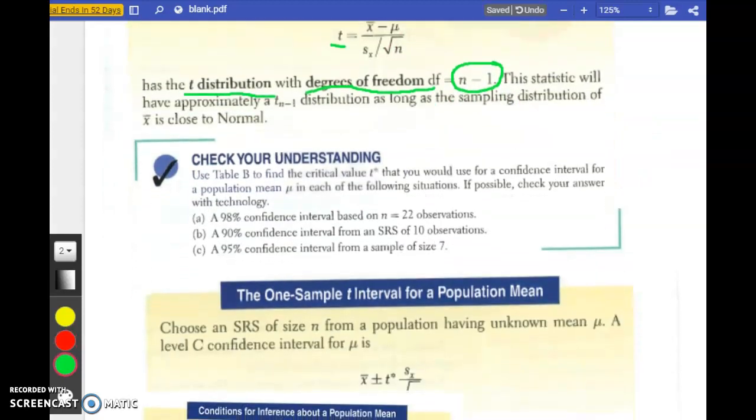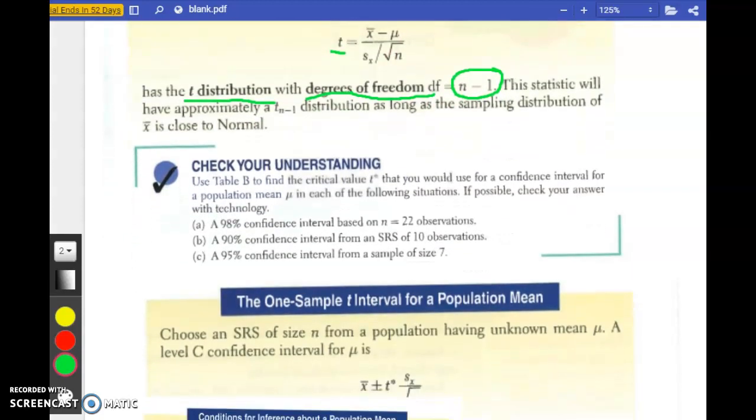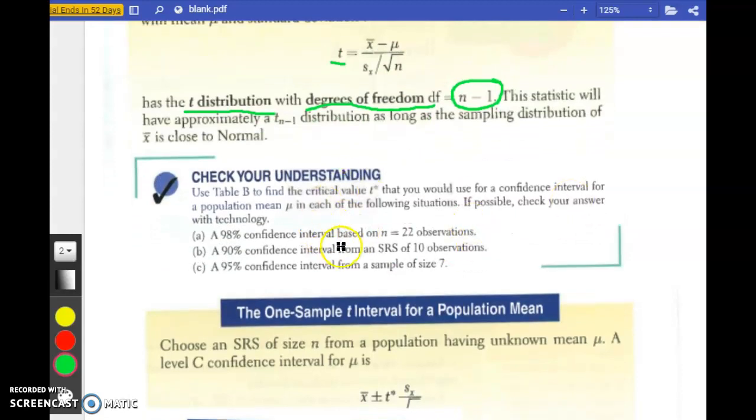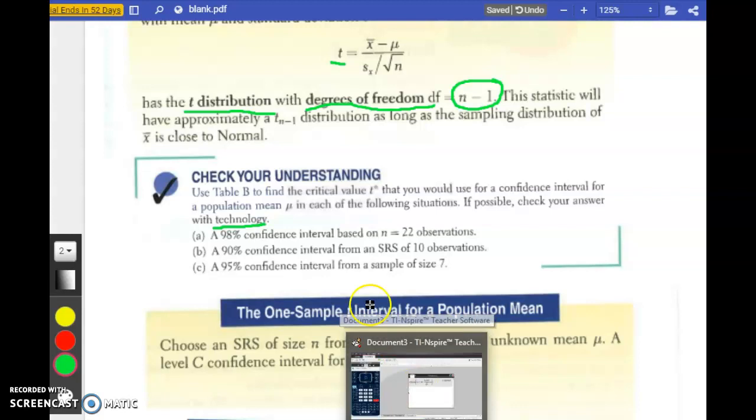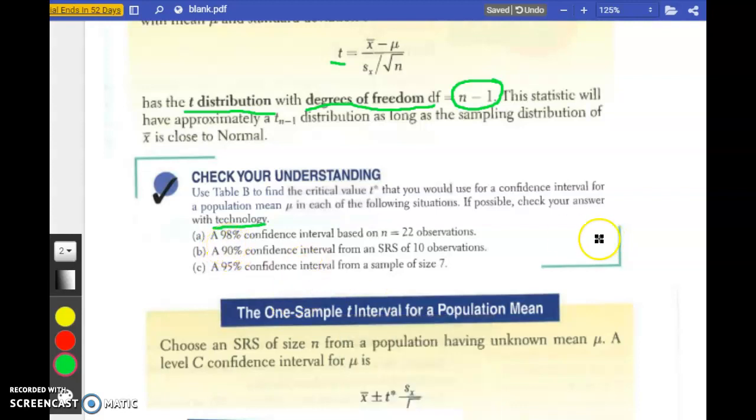Now, how do you find these t-stars without the formula? Well, our calculator is the easiest way. It says you can use technology if you read the directions here: check your answer with technology. We're just going to use technology. So if I want a 98% confidence interval based on this n, picture this t-distribution, it looks normal, right? The area is 0.98 in the middle.